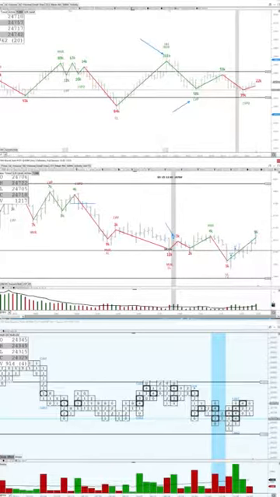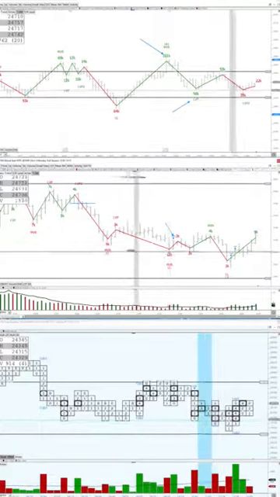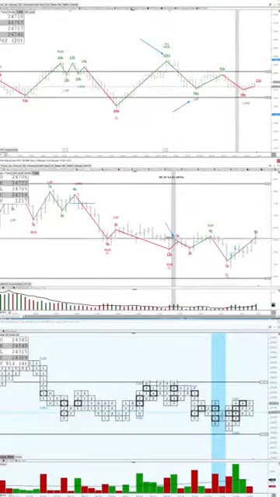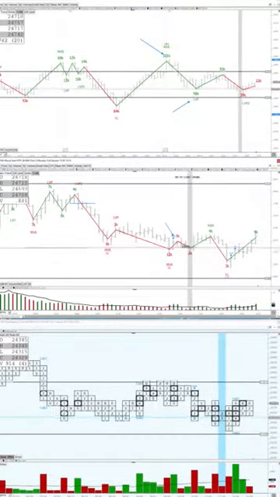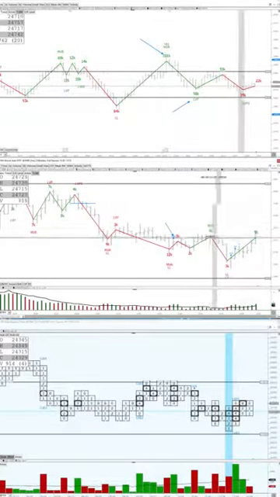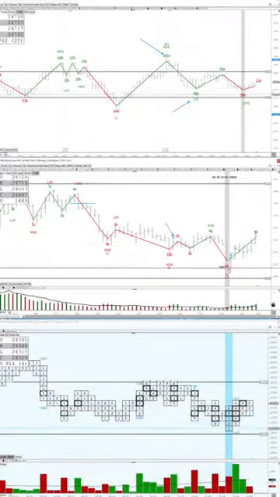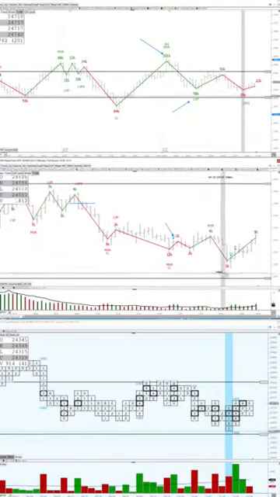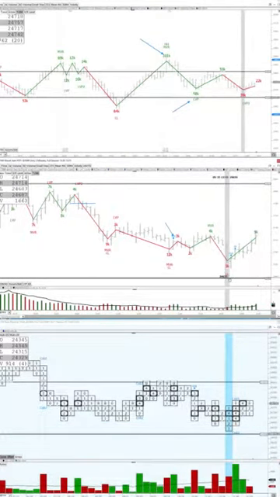Actually, three indications. One is that from this low, which is a support area, activity is increasing. Second, buying is increasing. And third, selling volume is decreasing as indicated by the lower low on lower volume.